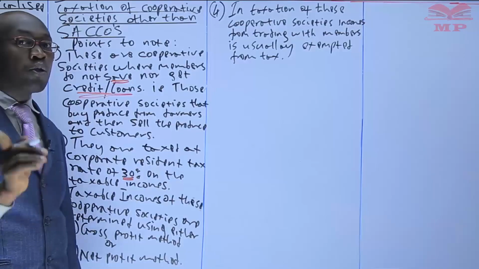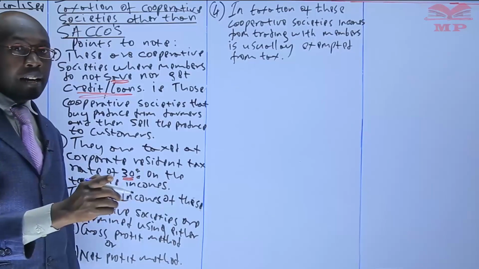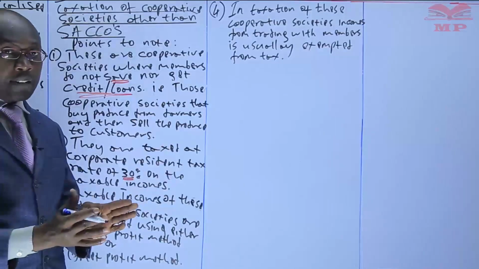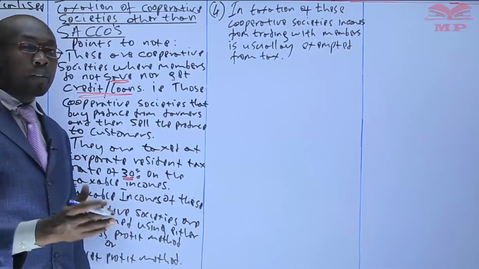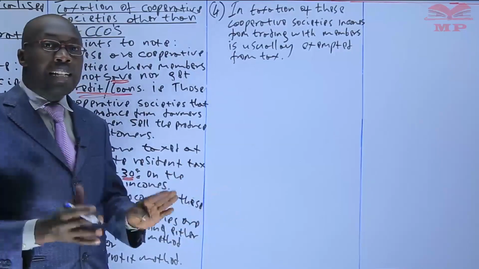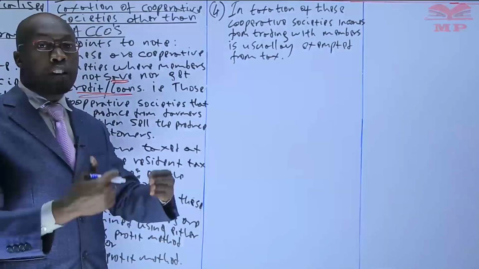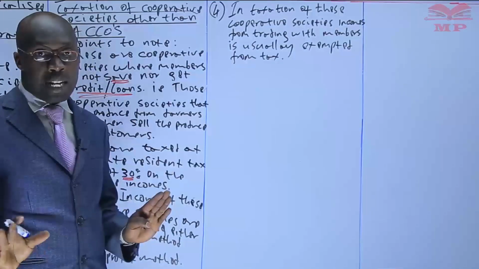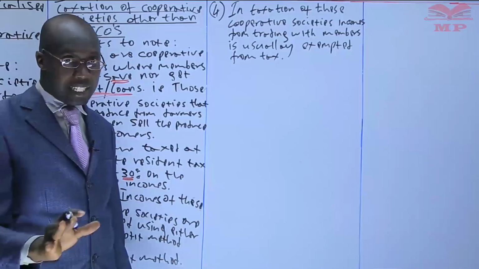And remember, I'm not mentioning savings and credit. We are just talking of a cooperative society, a farmers cooperative society. In the process of buying produce from the farmers and selling, they can sell to one of the farmers, one of the members. The income they make in that process is usually exempted from tax. We don't usually tax it.